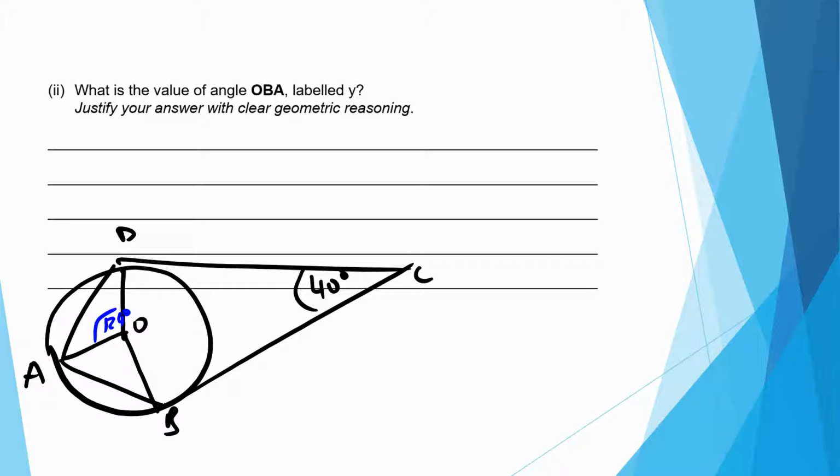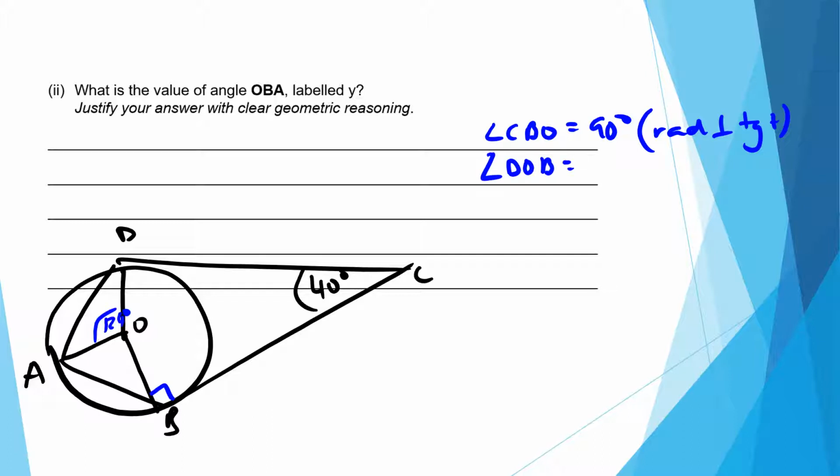Angle CBO equals 90 degrees, and it's that a radius is perpendicular to a tangent. So angle DOB equals 360 minus 90 minus 90 minus 40, which is 140 degrees.